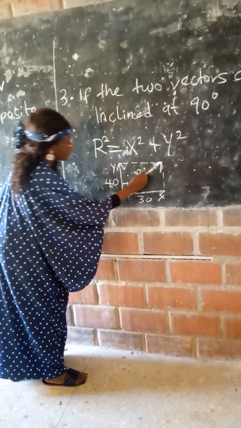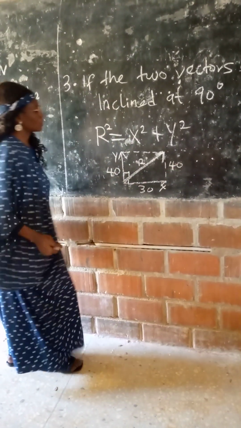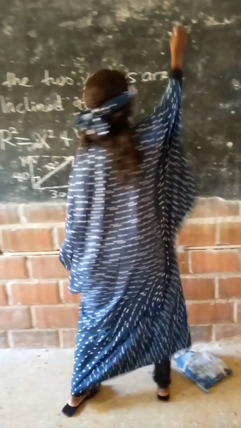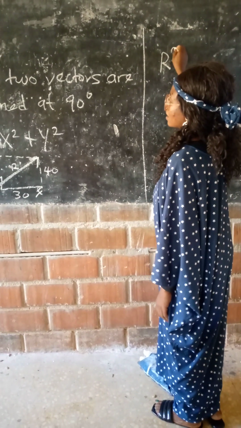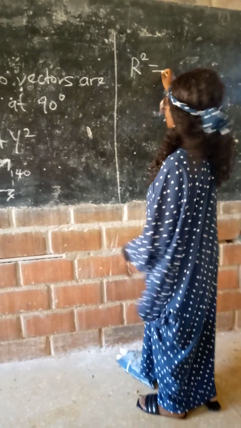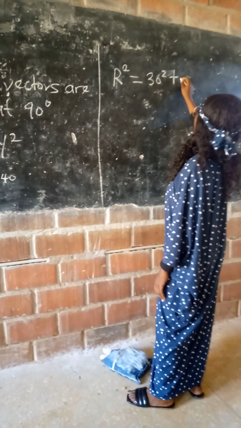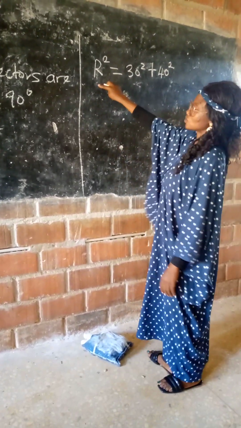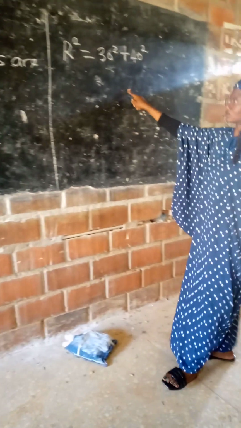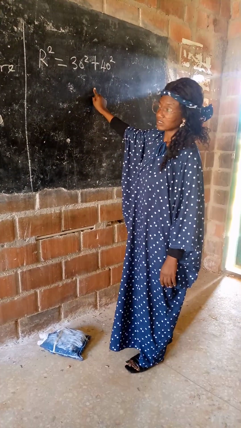This is R. This is opposite, so here is going to be 40. Using Pythagoras theorem, our resultant will be R squared is equal to 30 squared plus 40 squared. When you solve this, you arrive at your final answer, your resultant.